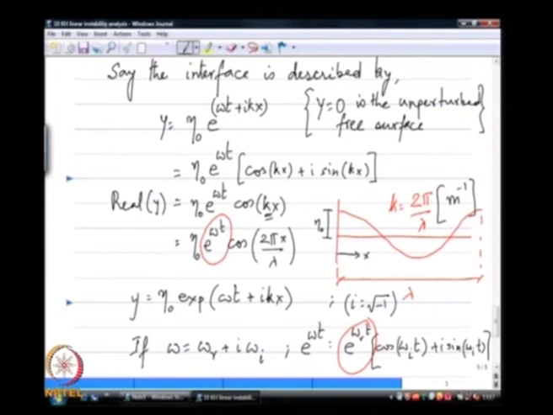So, on top of that unperturbed free surface, we have added this disturbance. So, essentially you might think of this as 0 plus this, just as everything else that we have done was the mean flow plus the small perturbation. In this case, the mean interface location is y equal to 0. So, eta 0 is an order epsilon quantity. Okay. So, we will need to be aware of that.